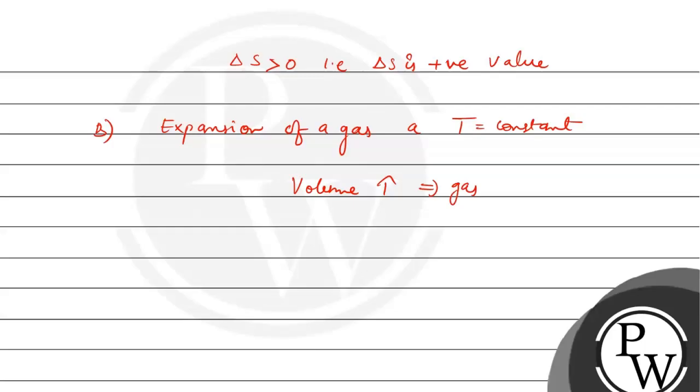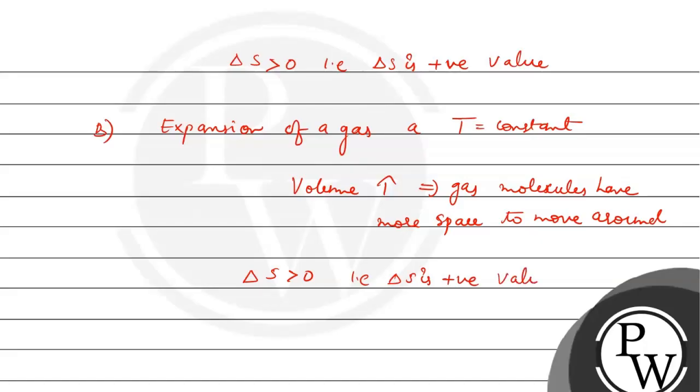Volume increase होने के कारण क्या होता है? Gas molecules have more space to move around. This increases the disorder. So increase in disorder indicates that delta S is greater than 0. That is, delta S is a positive value.